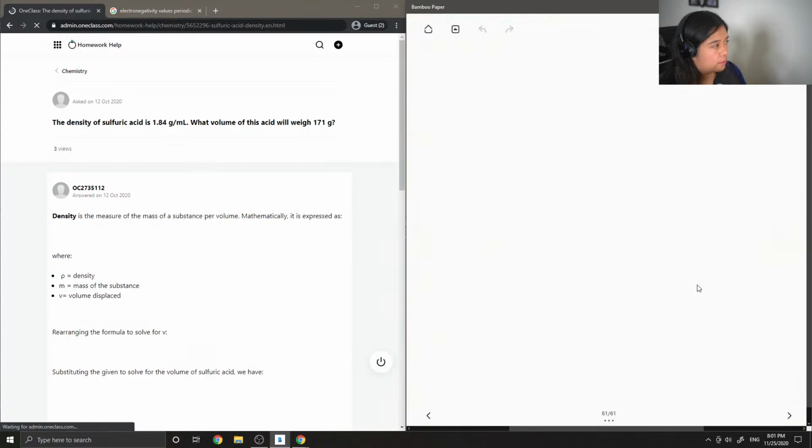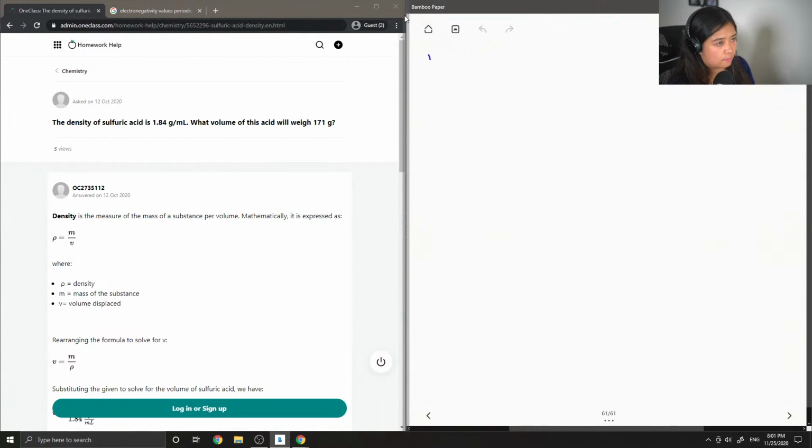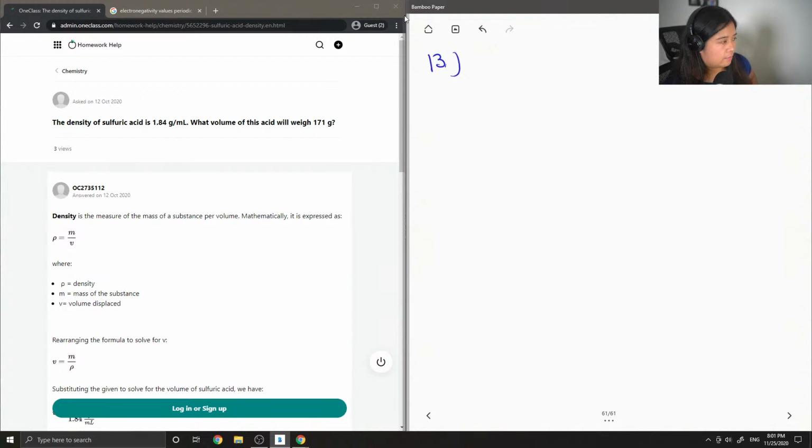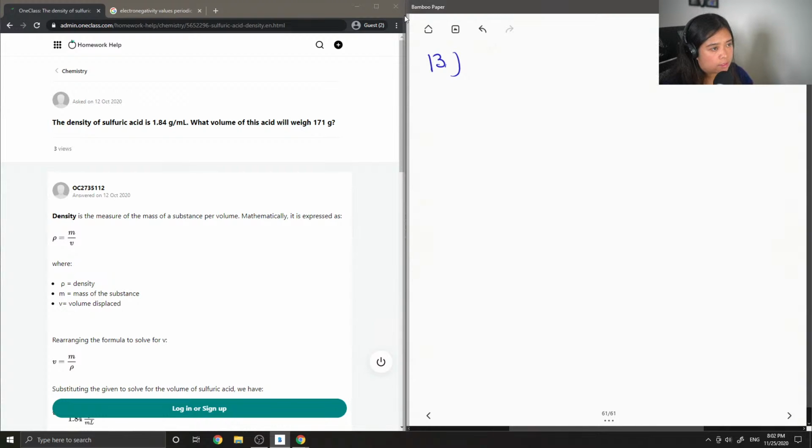Okay, so moving on to question 13. The density of sulfuric acid is 1.84 grams per milliliter. What volume of this acid will weigh 171 grams? Let's first write down what we know.